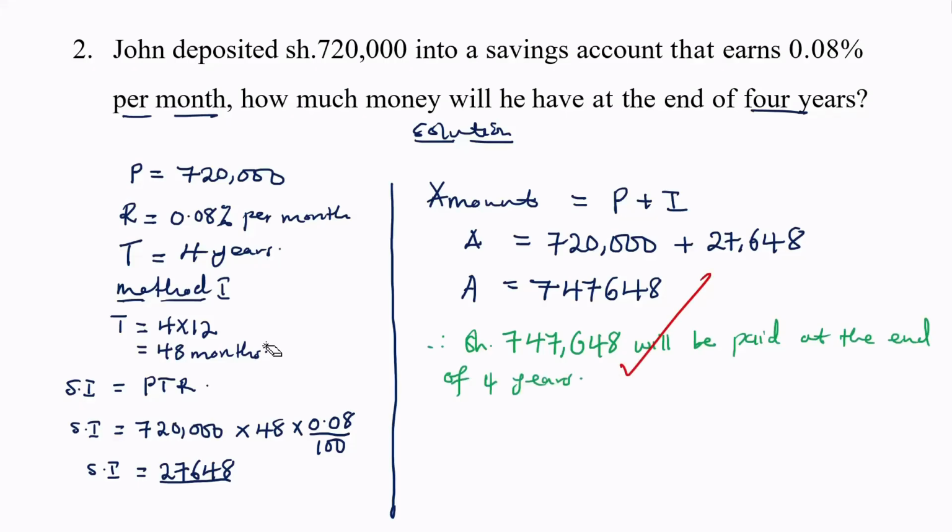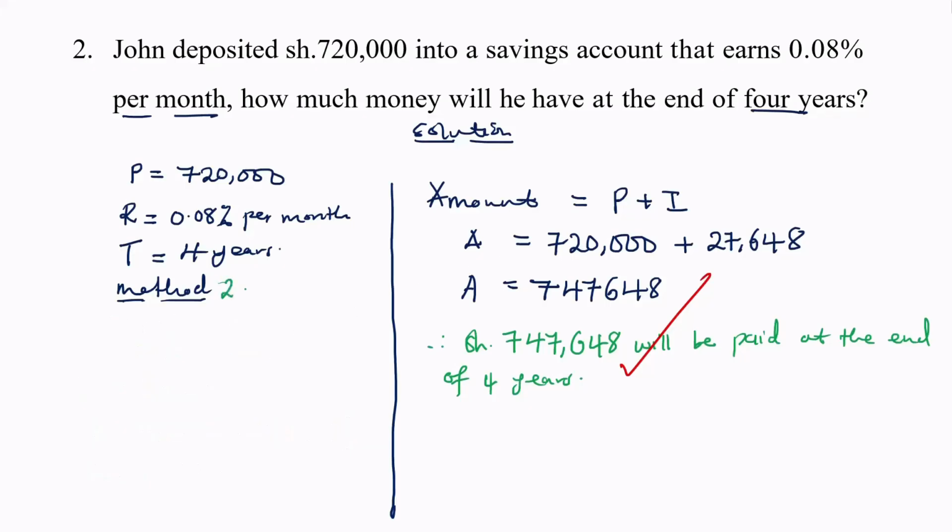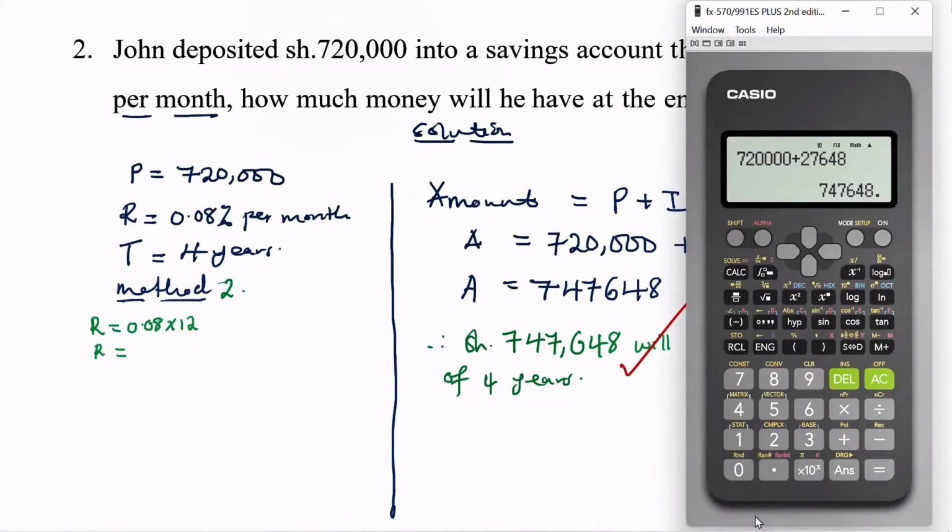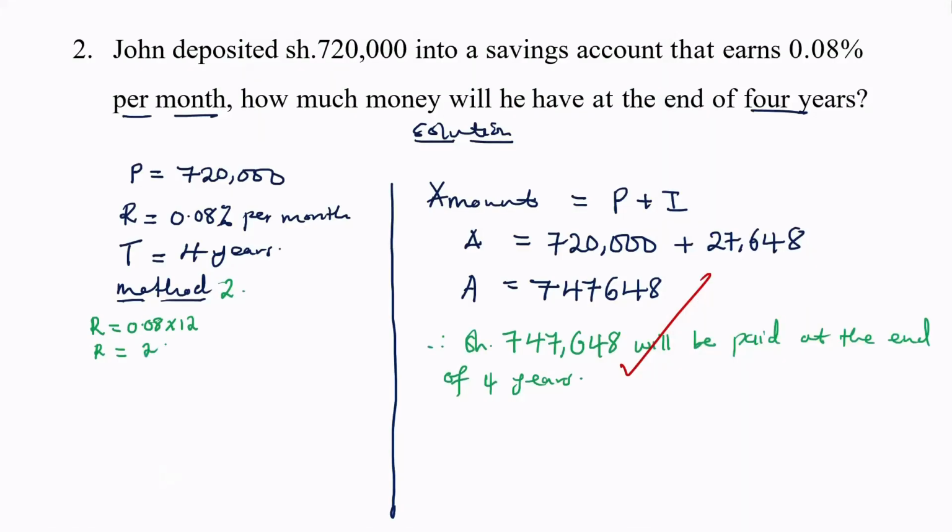Or if not that, we can now have method 2 from here. In method 2, we simply convert the rate from per month to per year. So our rate is simply going to be equal to 0.08 multiplied by 12. Let me grab a calculator, 0.08 multiplied by 12. This gives us 24 divided by 25% per annum. We can now substitute that.